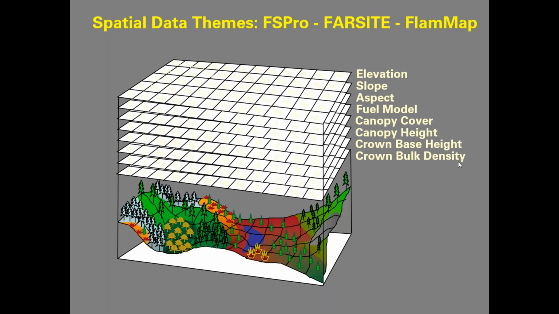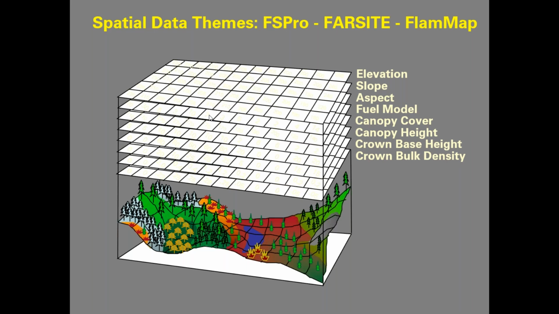If you're making your own themes at home and building your own, as long as you can provide an elevation, slope, aspect, fuel model, and canopy cover layer, you can run FlamMap and get surface fire behavior calculations. But if you want any kind of crown fire or spotting or crowning to be accounted for, you have to have these 3 other layers of canopy height, crown base height, crown bulk density.